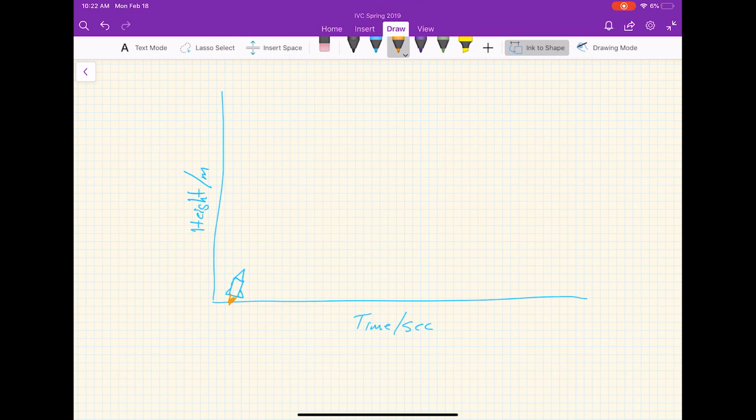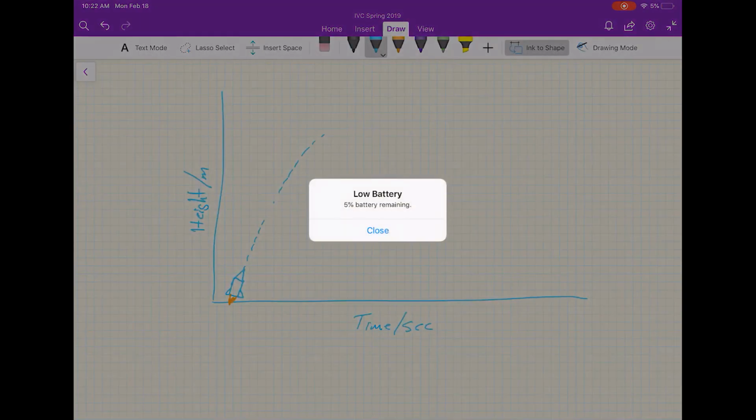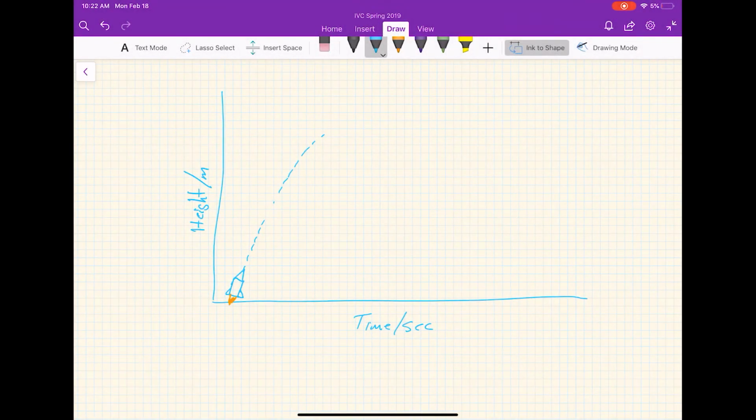And our rocket is going to be on this trajectory of up, but at some point it will, oh crap, better do this quick, run out of battery. So we'll eventually be coming back down, and we're only interested in stuff that's over 235.2 meters.